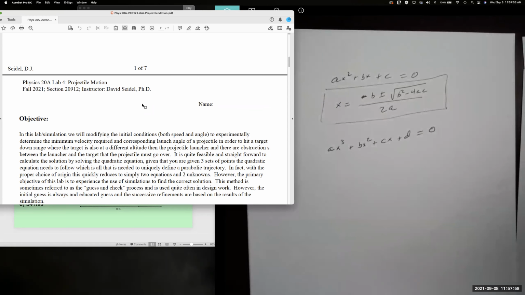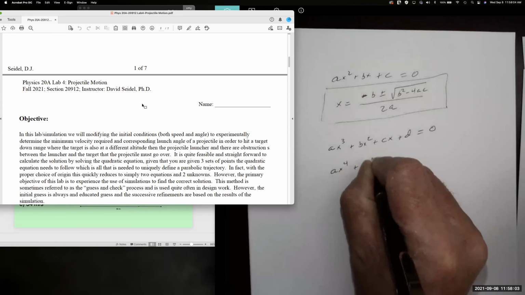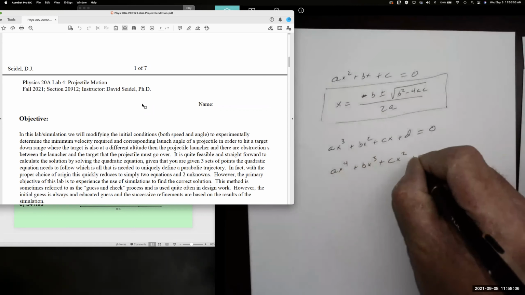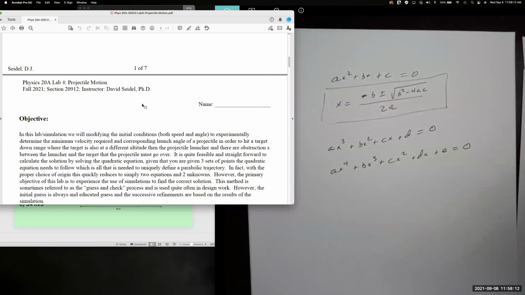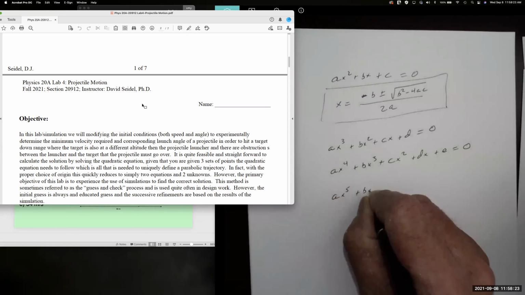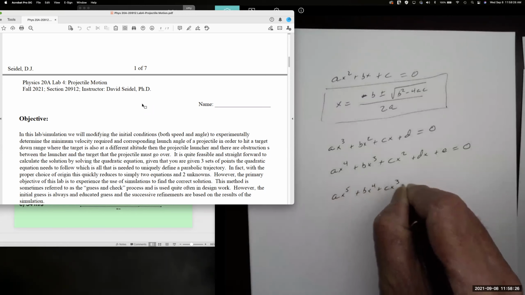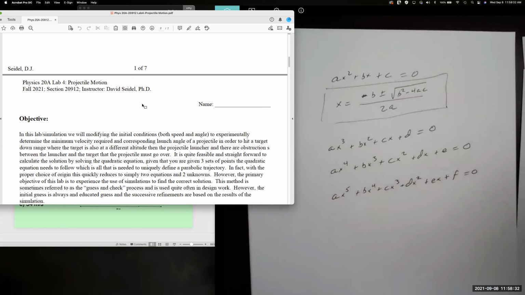And if I have ax to the 4th plus bx cubed plus cx squared plus dx plus e equals 0, there's yet another formula, a closed form solution. But it's been proved mathematically that if you have ax to the 5th plus bx to the 4th plus cx cubed plus dx squared plus ex plus f equal to 0, there is no closed form solution for that.